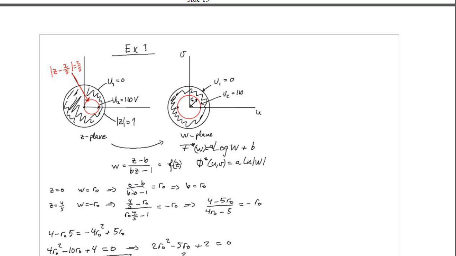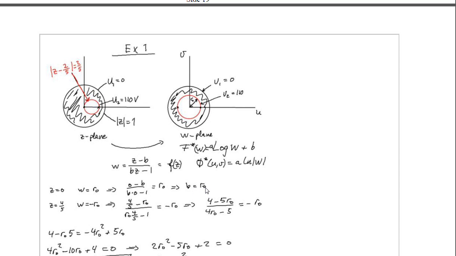So doing this, we obtain two equations. We set z equal to 0 into this expression, and we know that w should be equal to R0. Similarly, we do the same here, and then we get two equations. In fact, this is very easy to compute. We know that this equation means that b is equal to R0.